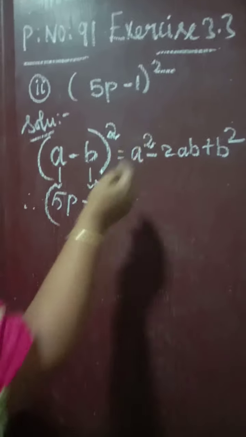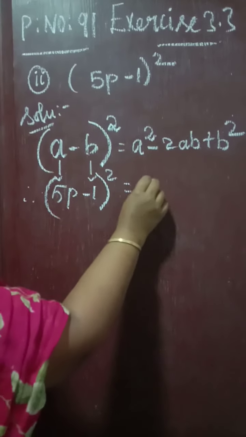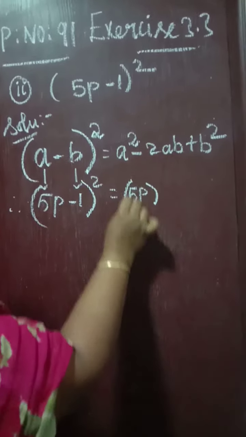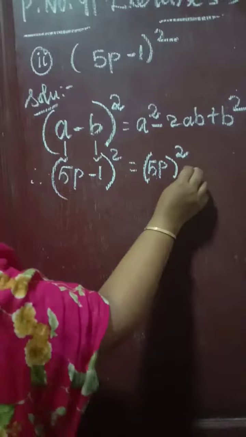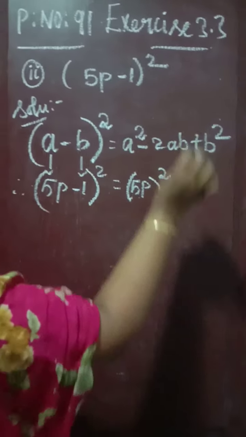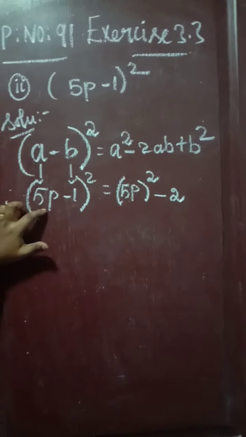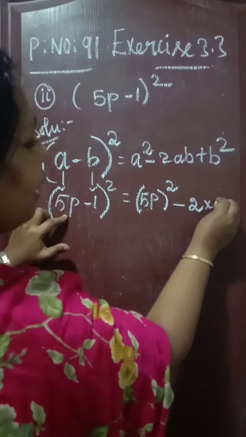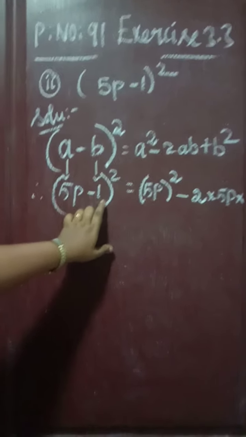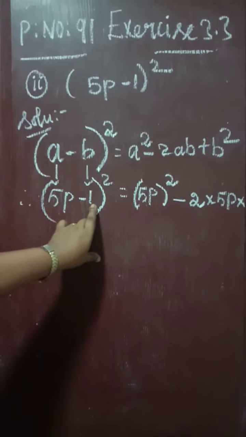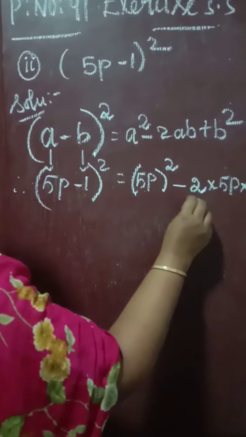So a square, what is the value? A is equal to 5p, so 5p the whole square, minus 2 into a into b. A is equal to 5p, b is equal to 1, not minus 1, so into 1.